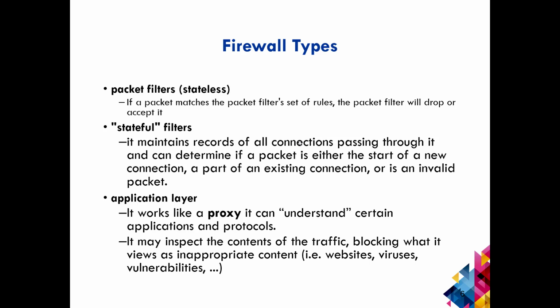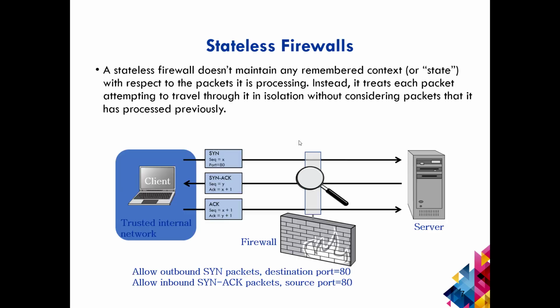That is why the untrusted incoming traffic can be filtered by this application layer. Okay, so this is the explanation of the firewall types.